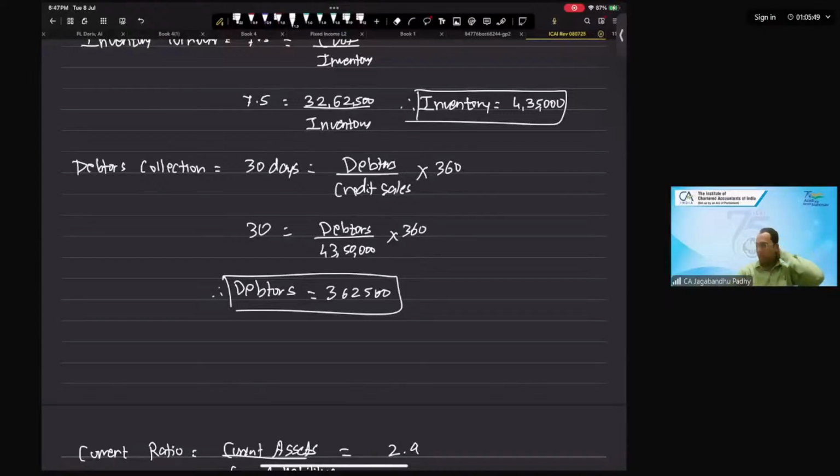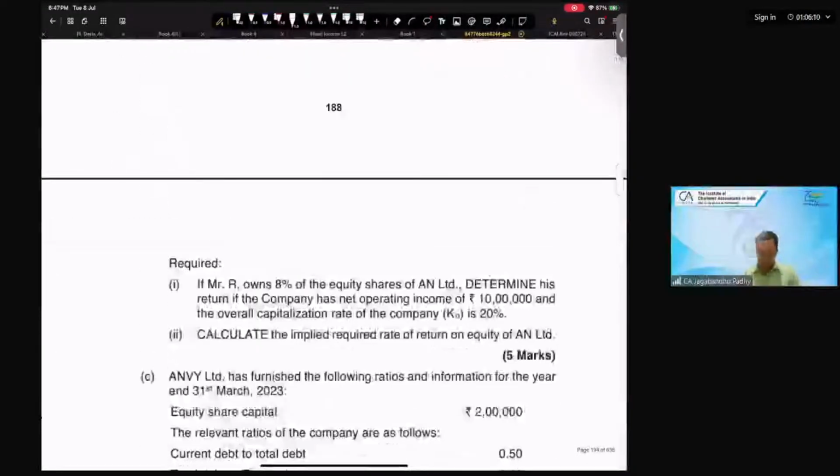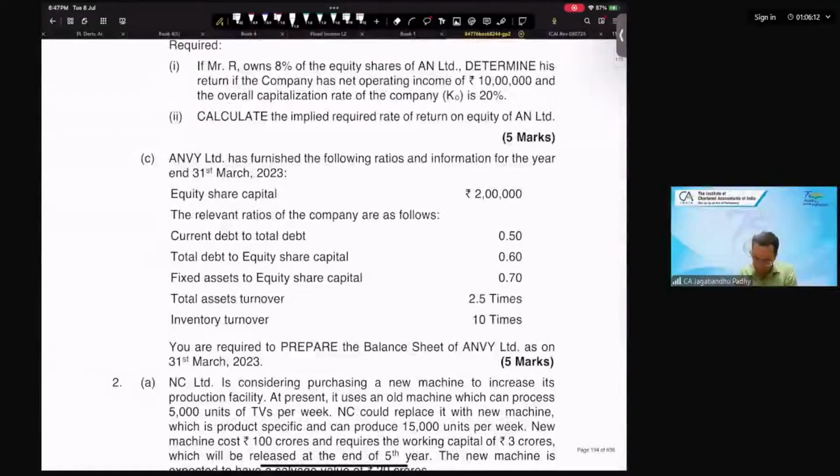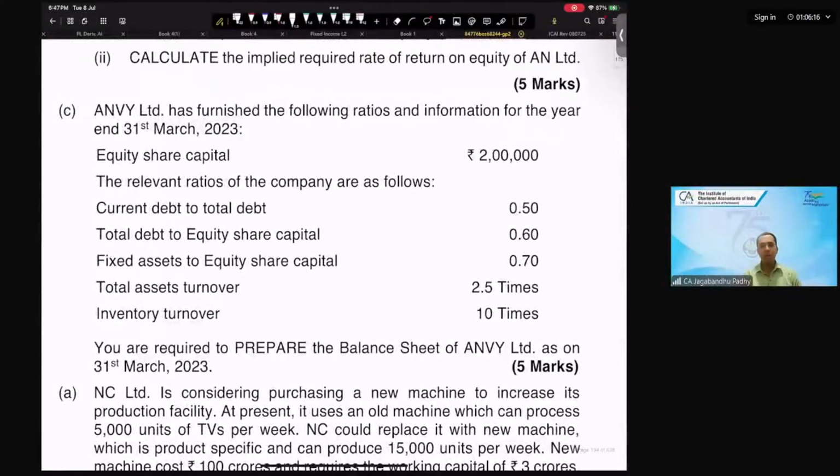Shall we take up now some model test paper questions? I've kept the model test paper in front over here. Let us take one question from here. Yeah, here we have this question.